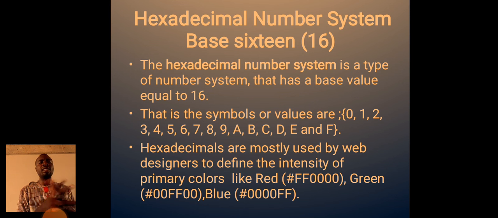Now let's go to the hexadecimals. What are hexadecimals? Here we have some further explanation, because some things are being added. Hexadecimal is a type of number system in which the base values run from 0 to 16 digits.